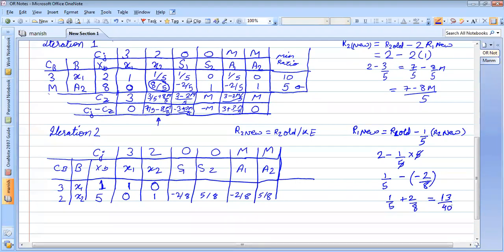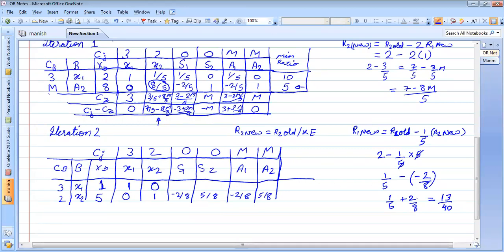Correct? Please check. 1 by 5 plus 2 by 8, 13 by 40. Is it correct? Students, please check. 9 by 20, sir. 9 by 20.